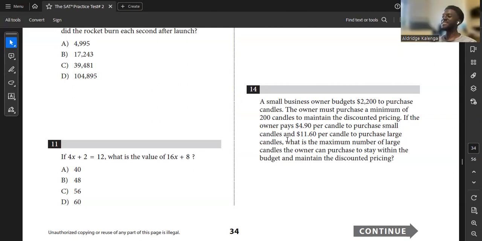I got distracted. What is the maximum number of large candles the owner can purchase to stay within the budget and maintain the discounted pricing? Yeah. So let's go for it.